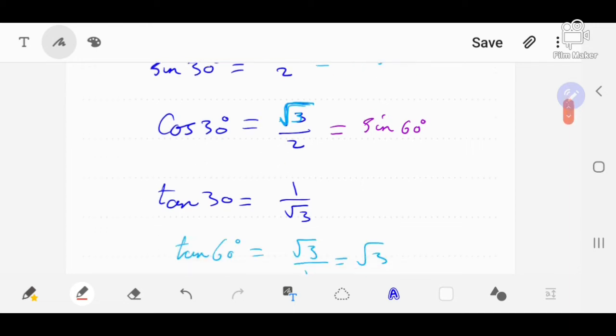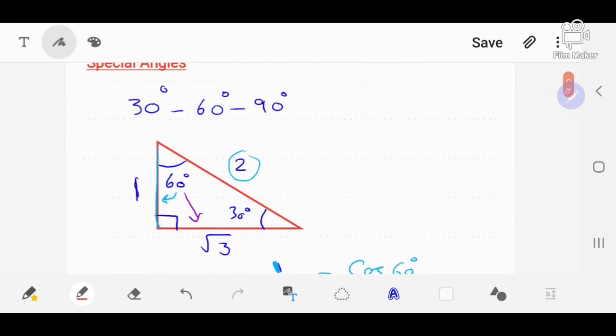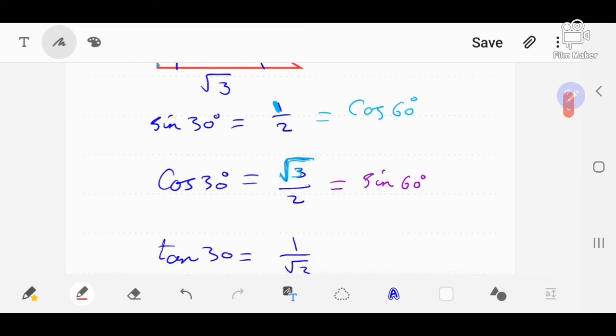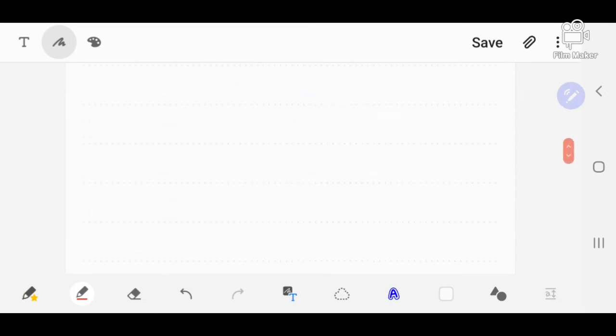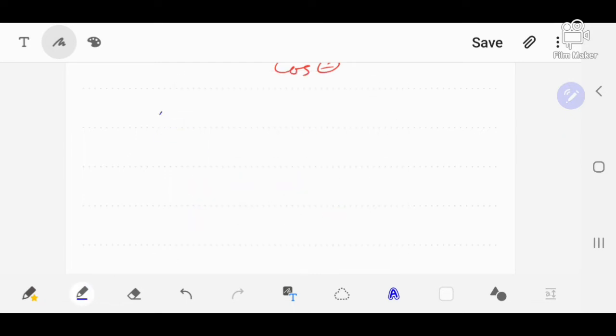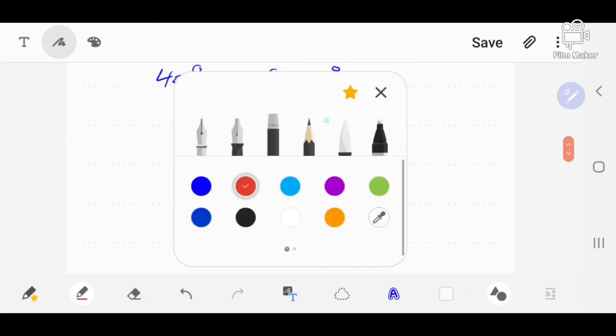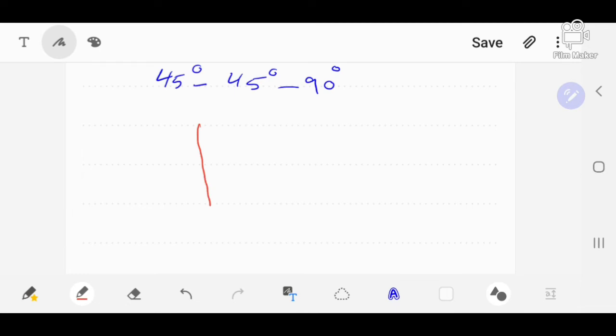This is the first special right triangle, the 30, 60, 90. Another special right triangle is actually the isosceles right triangle, the 45, 45, 90 degree right triangle. So if you draw an isosceles right triangle, I'll try my best to make it isosceles.